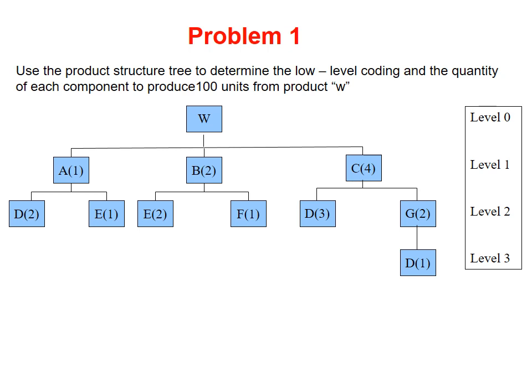And in level 2, to produce 1 item of C, we need 2 items of G and 3 items of D. And to produce 1 item of G, we need 1 item of D. And so on for the remaining parts.